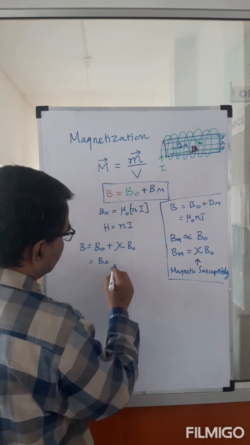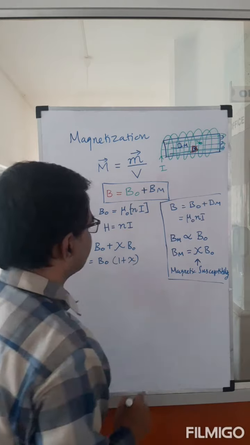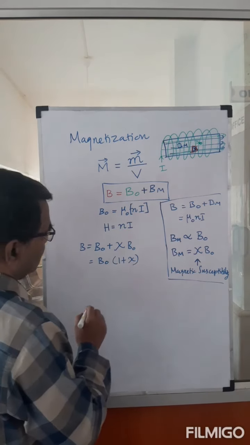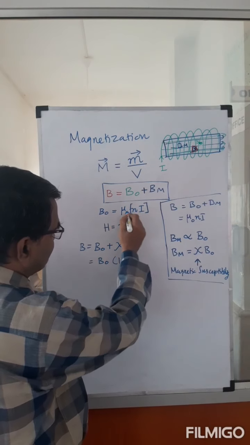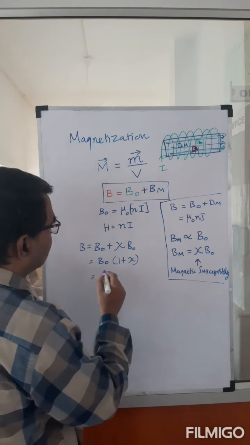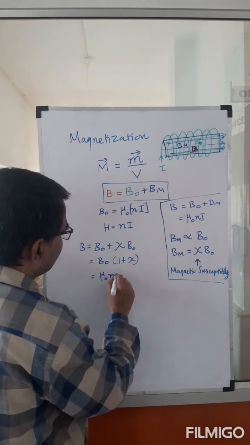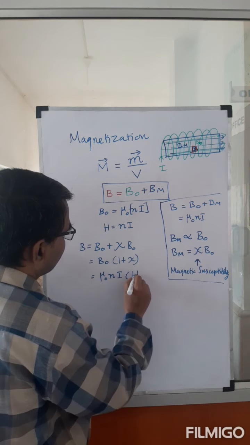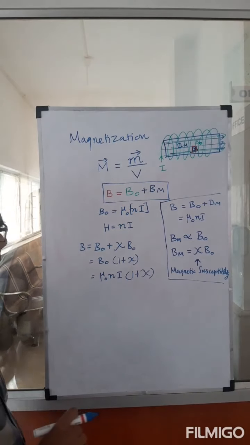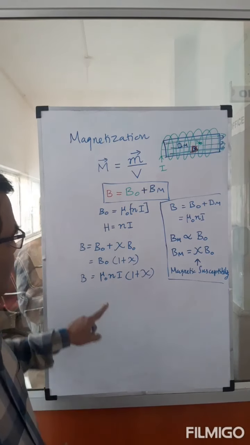B naught, take it out, 1 plus psi. So that's my expression for B. But what is B naught? B naught is mu naught into nI. We know this from previous videos. So B is mu naught nI times 1 plus psi.